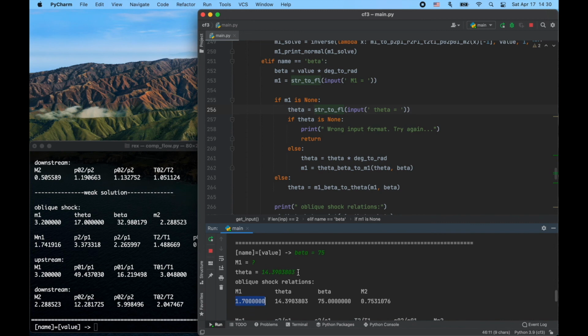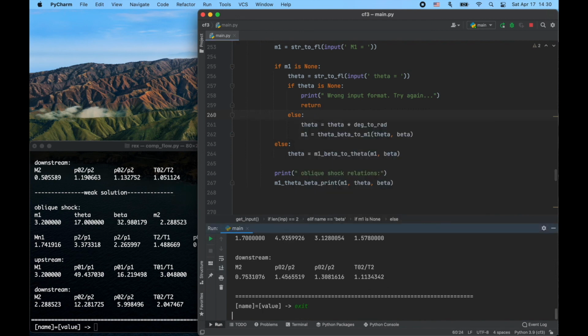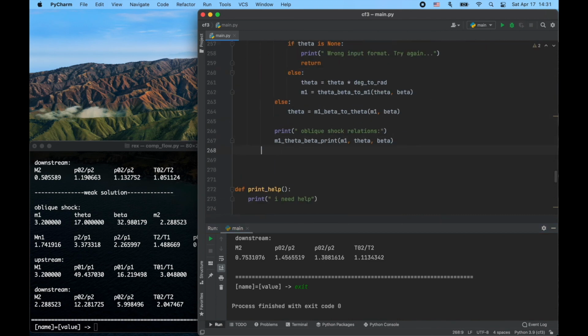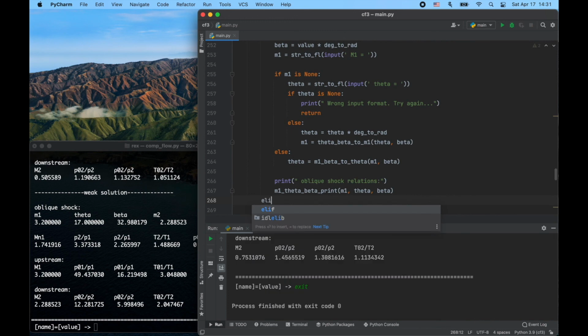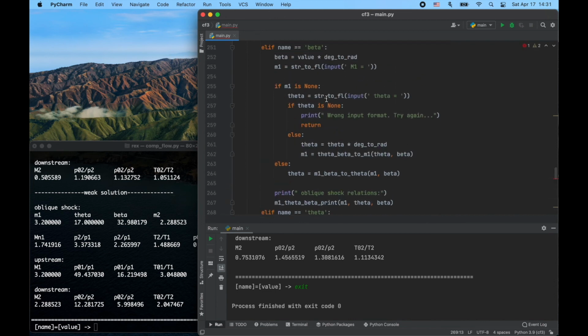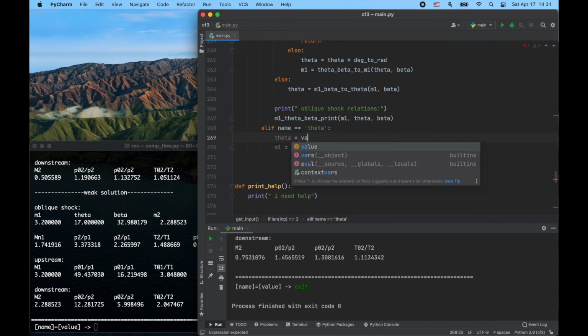Now, what if we know theta and Mach number 1? Okay, we have to convert the value into radians. So theta is going to equal to value times degree to radians. What is the Mach number? We will ask the user to give us that. And if M1 is none, then something is wrong, right?